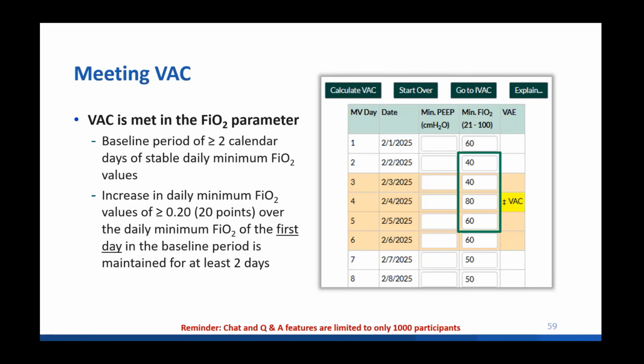Even though the daily minimum FiO2 went from 80 on mechanical ventilation day 4 to 60 on mechanical ventilation day 5, both values were at least a 20-point increase over the daily minimum FiO2 of 40 on the first day of the baseline period.